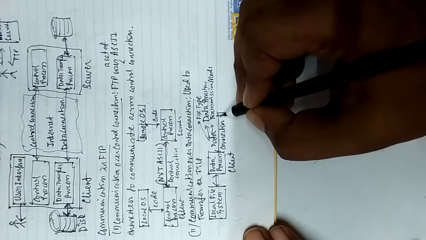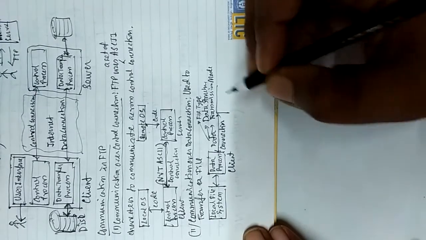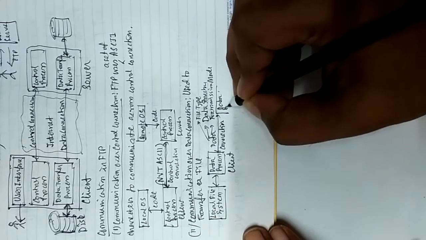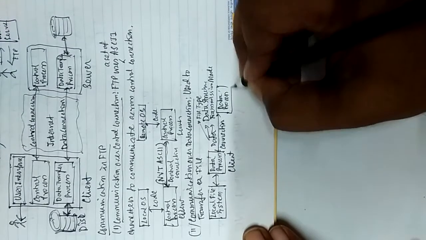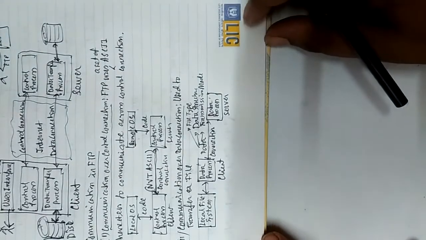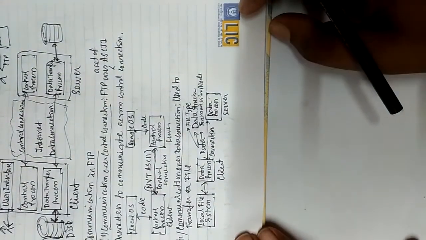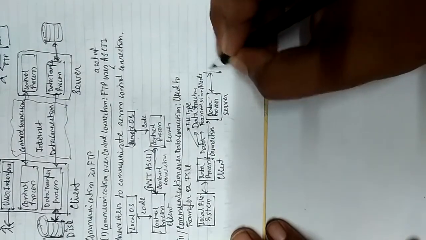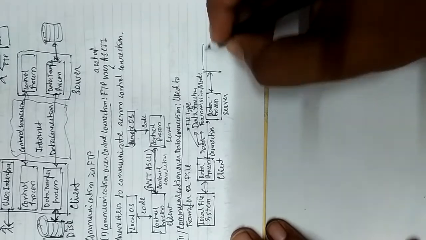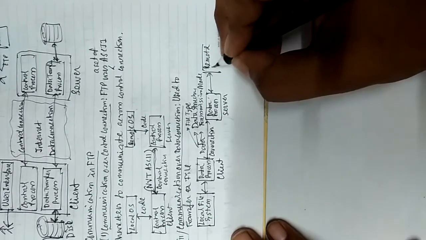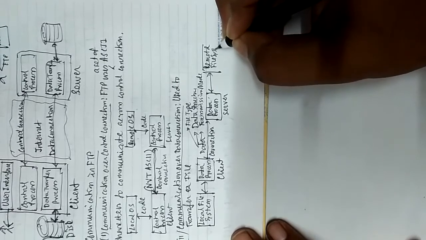From the data process, the data connection is made with the data process of the server, and next from here we go to the remote file system.